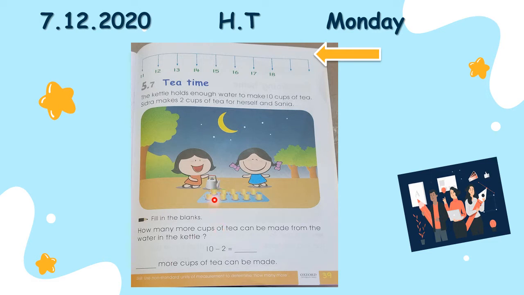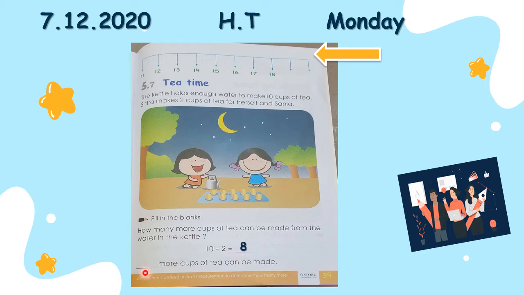Minus 2. You have to cross 2 cups. 1 and 2. Now count the leftover. 1, 2, 3, 4, 5, 6, 7, 8. 8 cups are left. So you are going to write here number 8 like this.